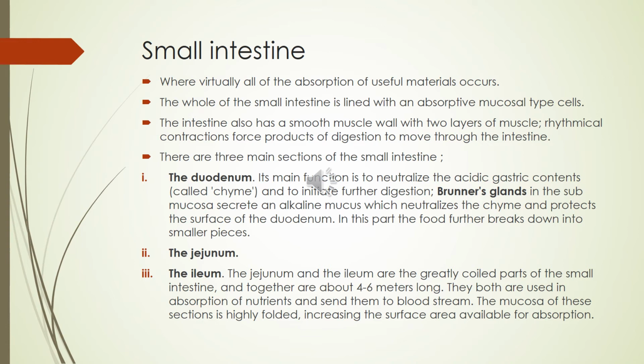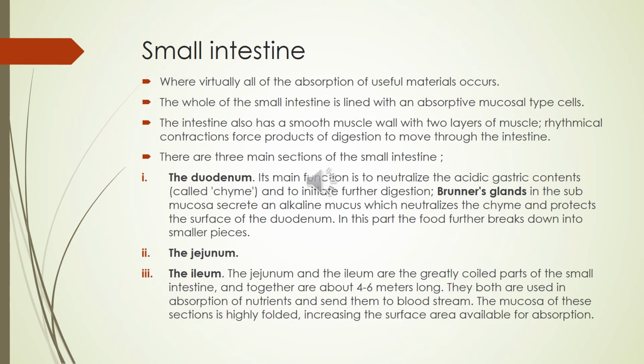and initiates the further digestion, because the digestion that has taken place up to the stomach is not enough. When the food is moving to the small and the large intestine, the rest of the digestive activity takes place in these two parts as well. So the Brunner's glands in the submucosa secrete an alkaline mucus. There are some specialized cells, or you can say glands, occurring in the different digestive parts.